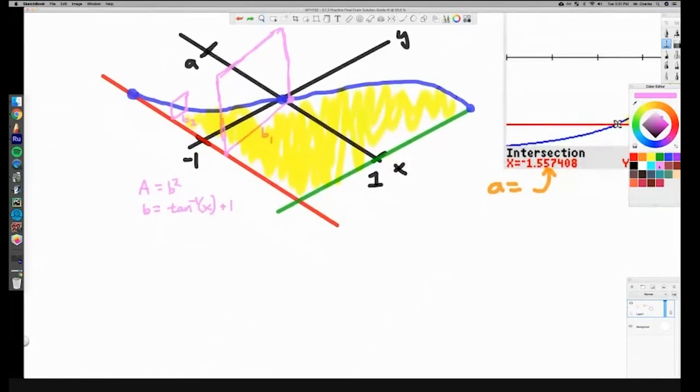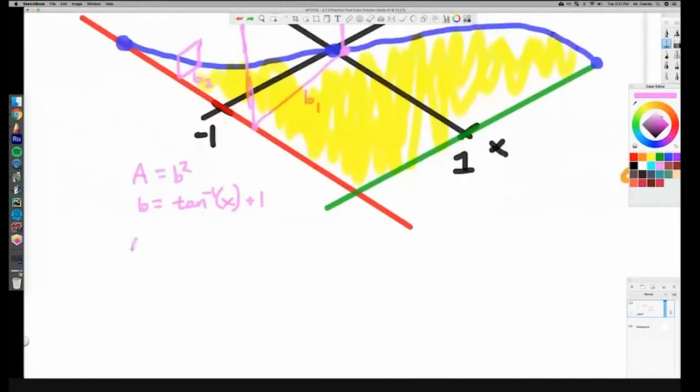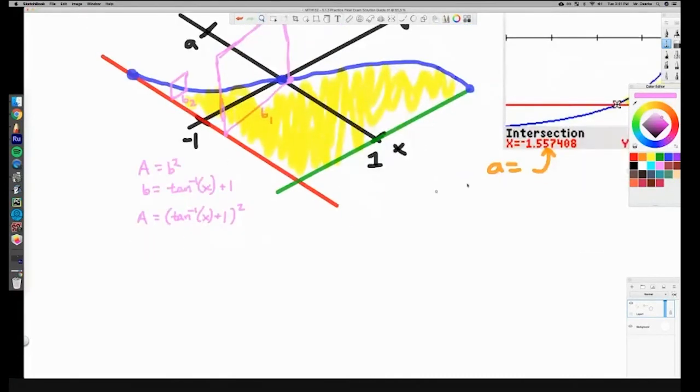So that means, and you can see why you need a calculator on this, the area is equal to the arctan of x plus 1 quantity squared. Holy cow. All right. Let's go purple. So we have V is equal to, we're integrating it from A. I'm calling this A here, so I don't have to rewrite that.